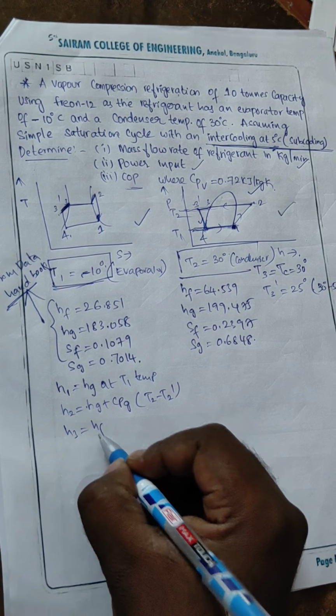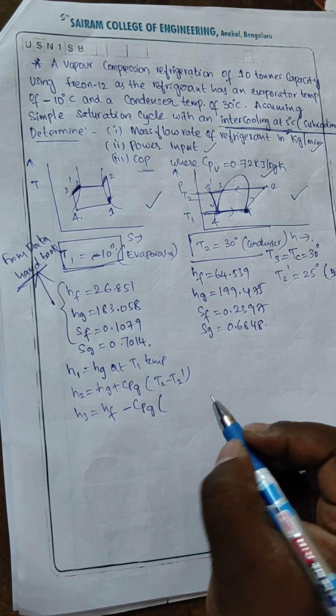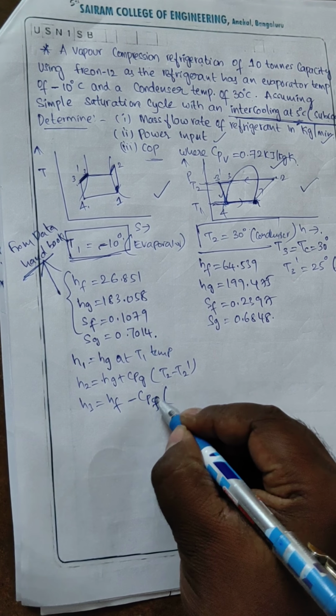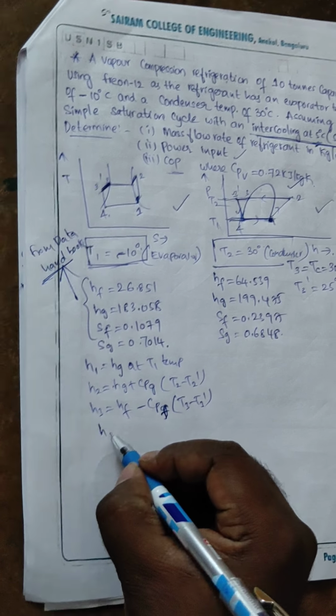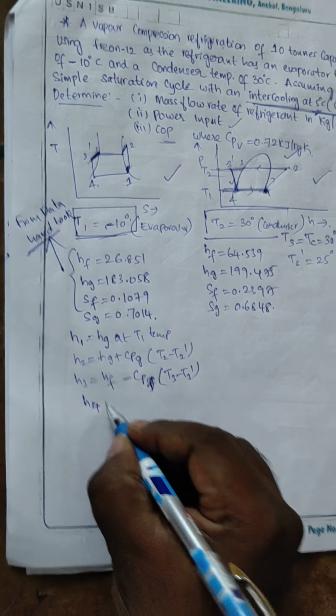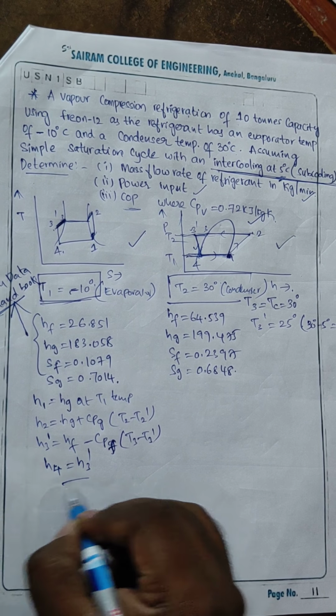H3 dash is equal to Hf minus Cpf into T3 minus T3 dash. H4 is equal to H3 dash.